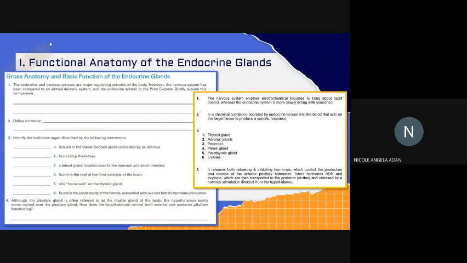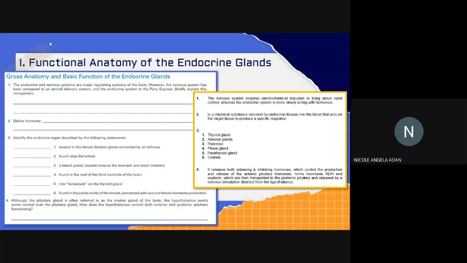Number 4. Although the pituitary gland is often referred to as the master gland of the body, the hypothalamus exerts some control over the pituitary gland. How does the hypothalamus control both anterior and posterior pituitary functioning?